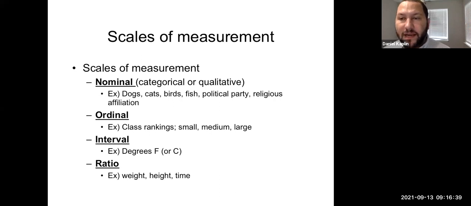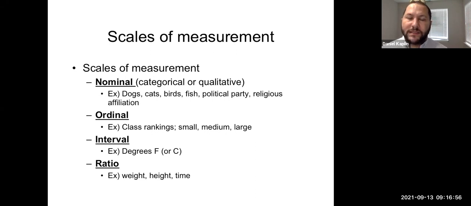Interval and ratio data on SPSS is just referred to as scale data because they have equal units of measure. So let me go through it.